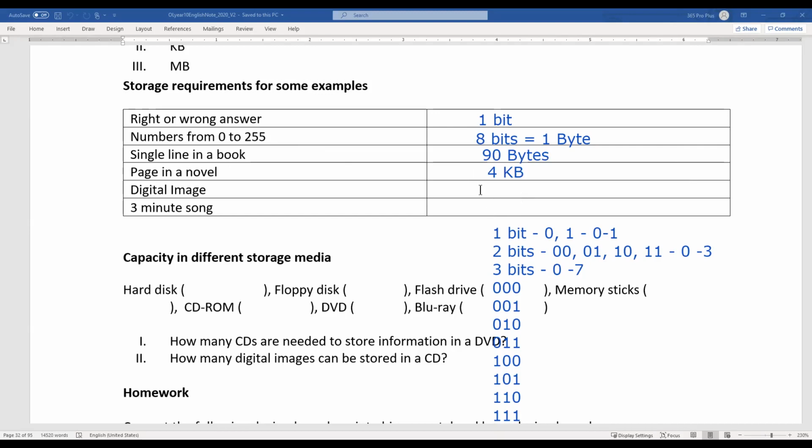An image is approximately 1 megabyte, though this number also varies depending on the quality. A 3 minute MP3 needs approximately 3 megabytes.